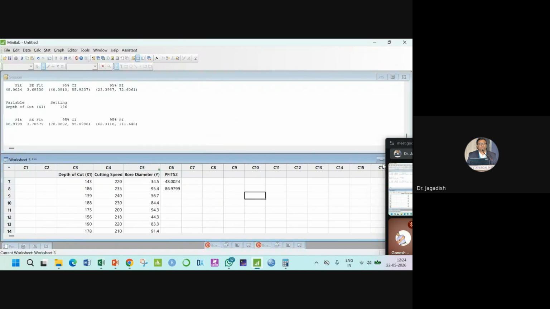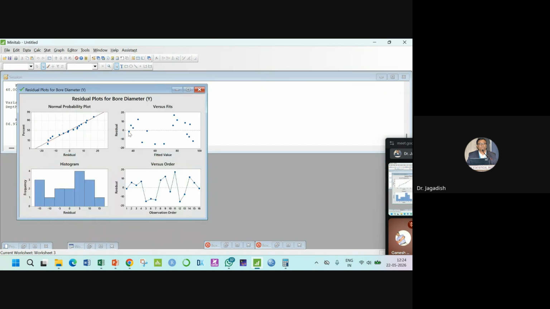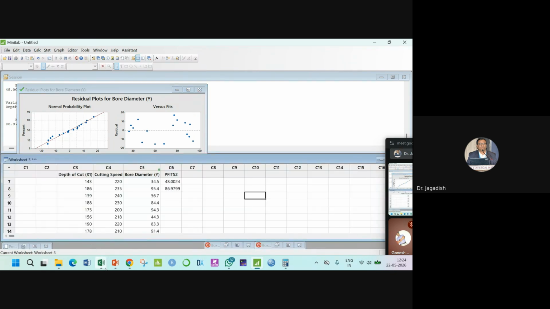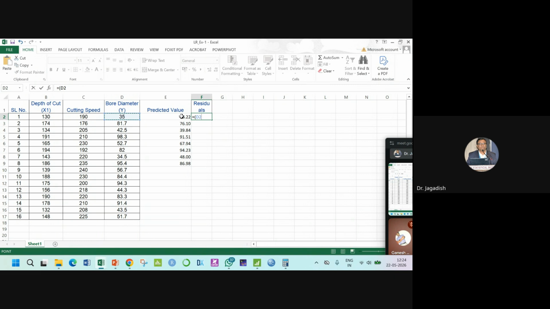Let us check. Yes, if you see here, it is taking a negative for the first experiment. The actual minus predicted: actual is this, minus this predicted.